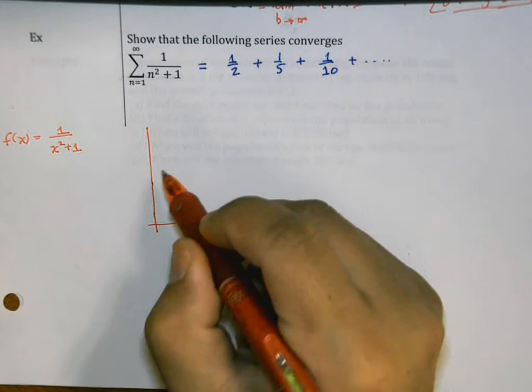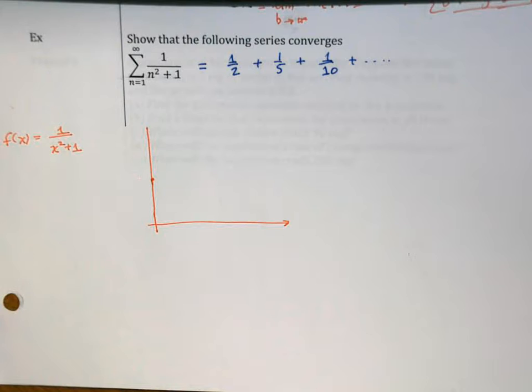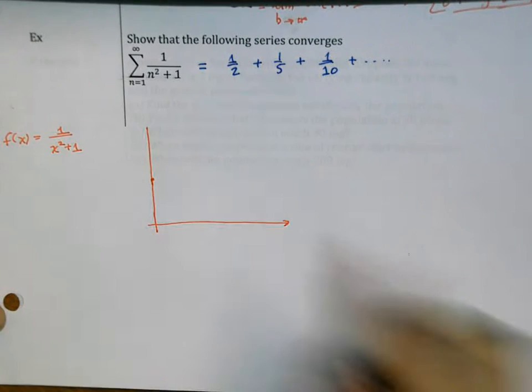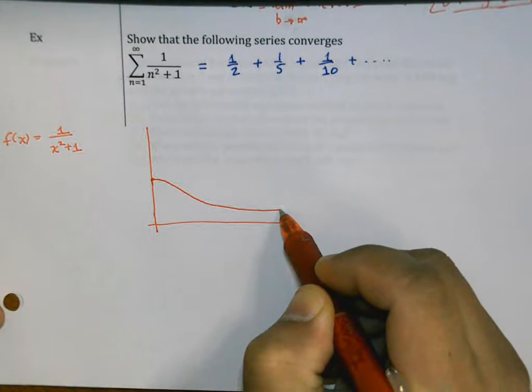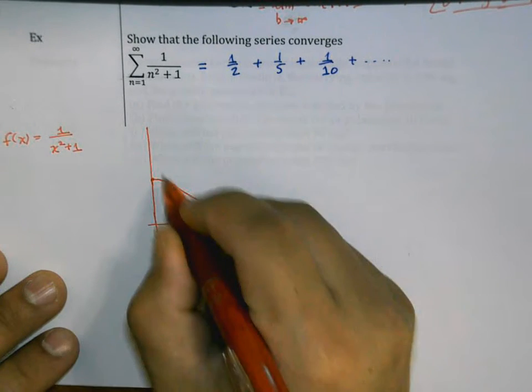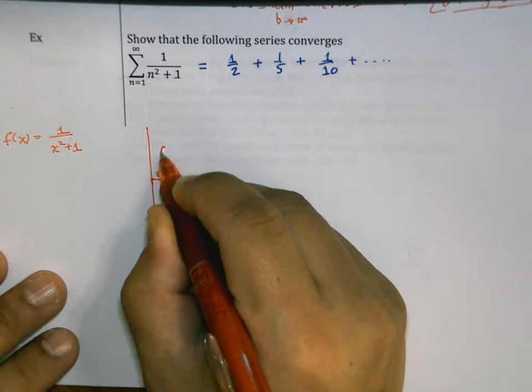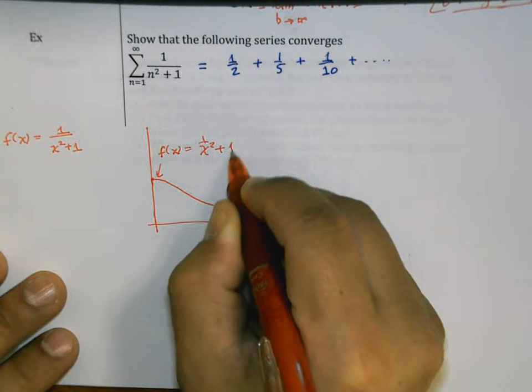So at 0, we actually get 1. Okay. And it actually goes up a little bit. Oh, actually, no, it doesn't go up. It curves a little bit, and then it levels off. Okay. Just like so. Alrighty, and then so this is the function f of x equals 1 over x squared plus 1.